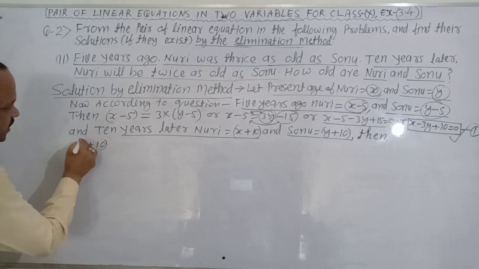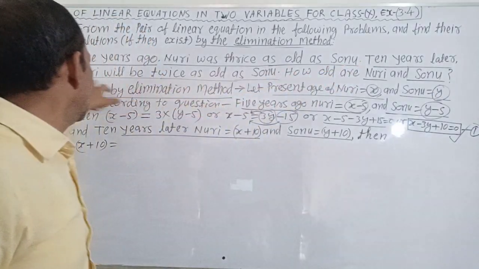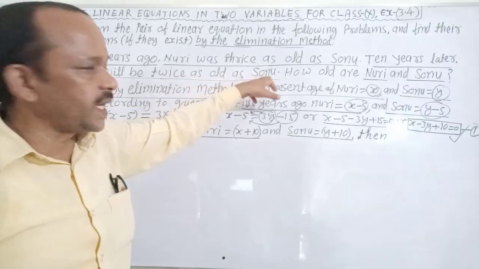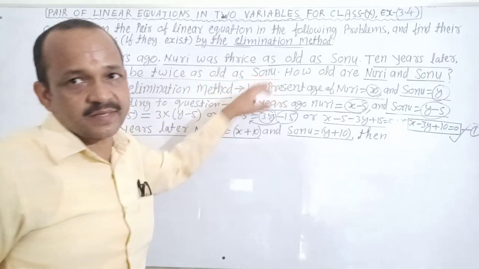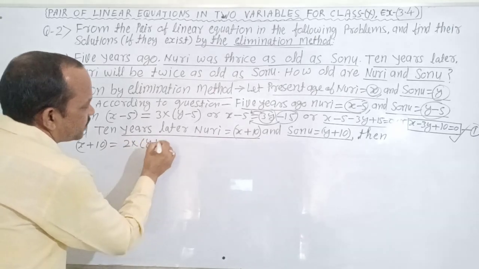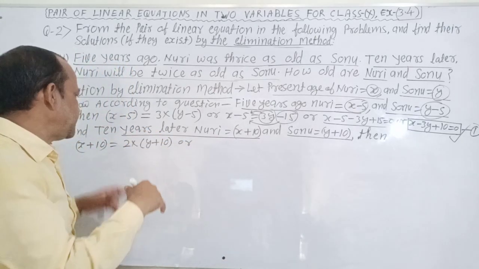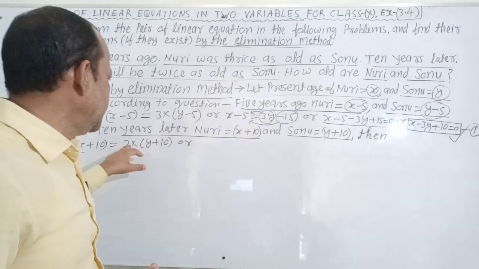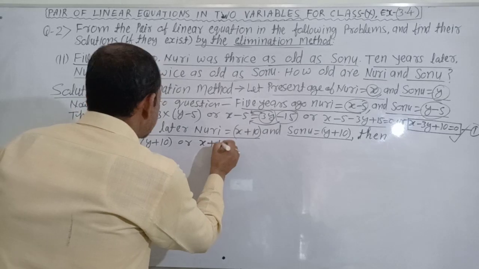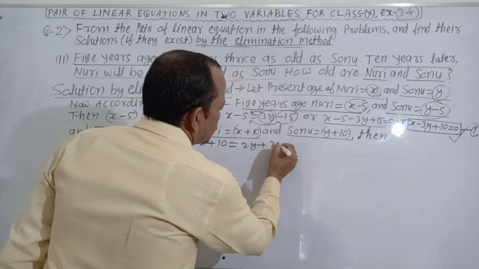x plus 10 equal to, according to the second situation, 10 years later Nuri will be twice as old as Sonu. Twice. 2 multiply y plus 10, or you can multiply 2 and y, 2 and 10. It becomes x plus 10 equal to 2y plus 20.